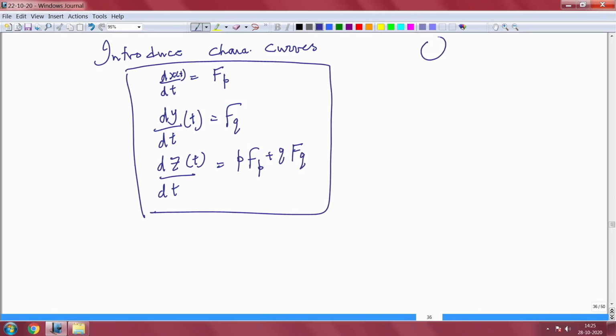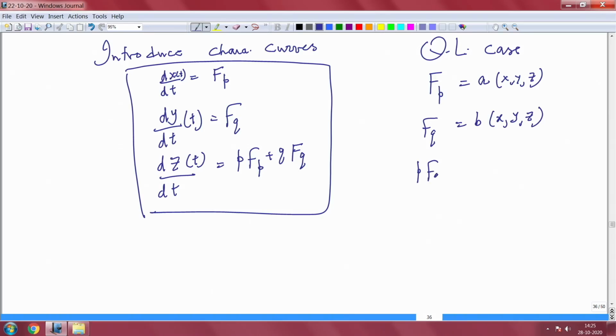I am comparing so you will understand the difficulty. In the quasi-linear case, fp was a, which is a function of x, y, z, and fq was b, which is also a function of x, y, z, and p fp plus q fq you can compute is equal to c. You can verify all this.